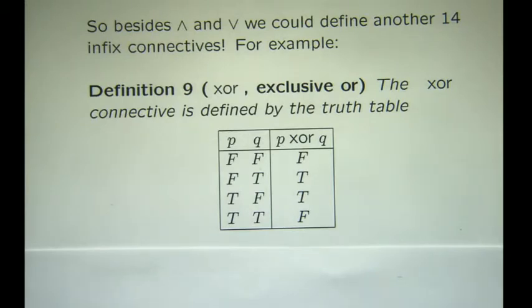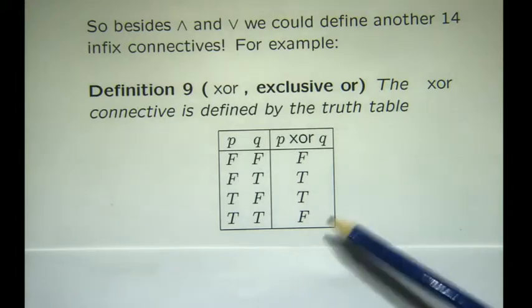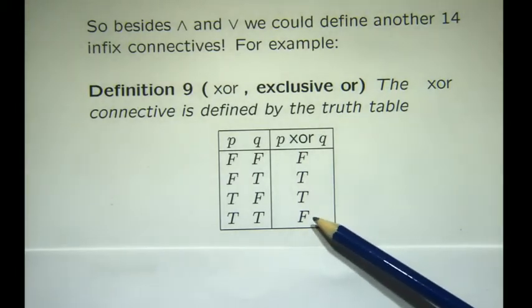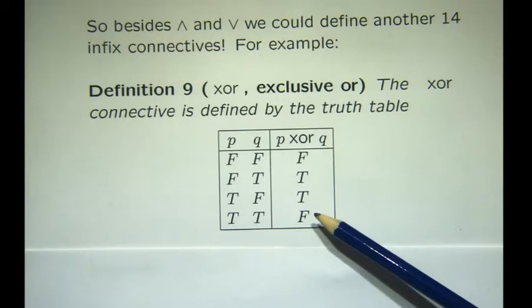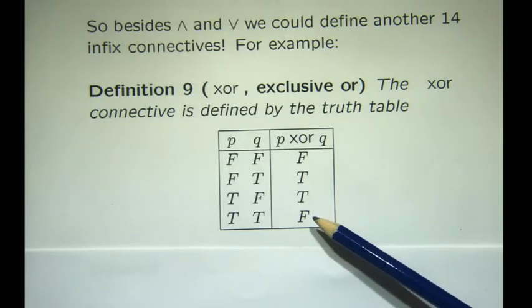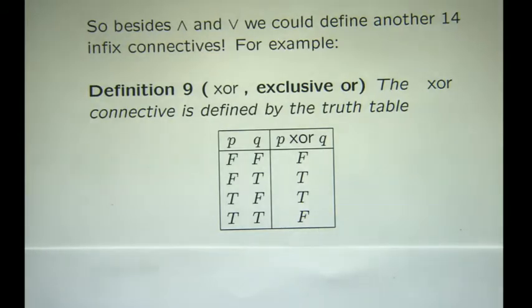It's just like the or we saw this morning, except in this case, it has a false in the result column for the last row. That's the only difference. But do we need to do that? And connected with that, is there some particular reason why we started with and, or, and not?